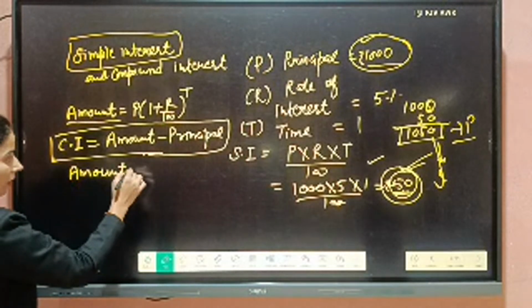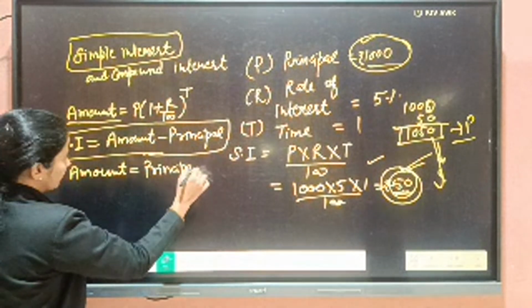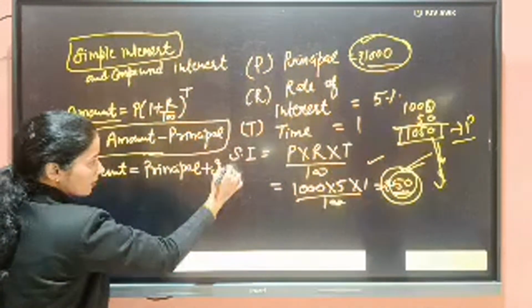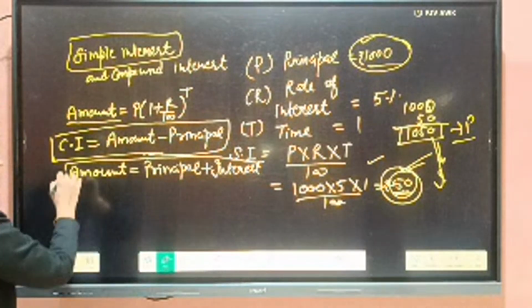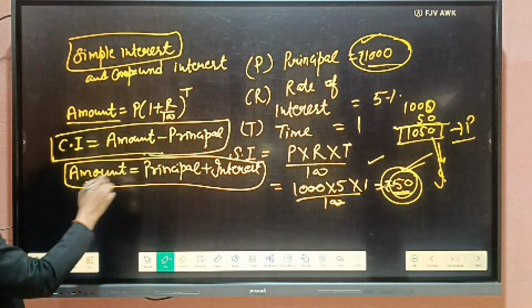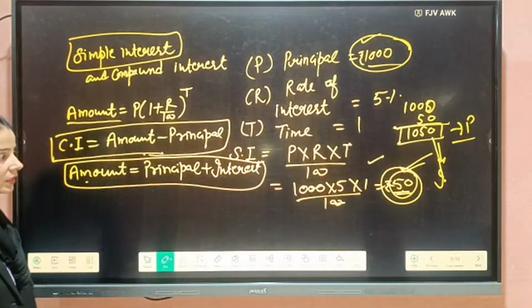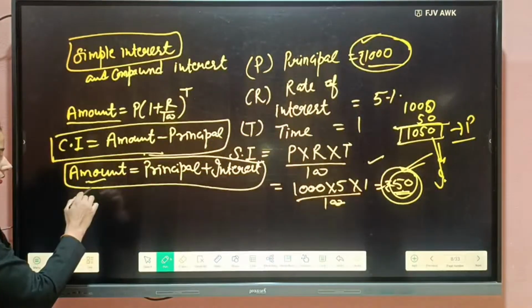Now, you will get amount. Amount is principal plus your interest, whether it is simple interest or compound interest. Principal plus interest, that will be the amount.